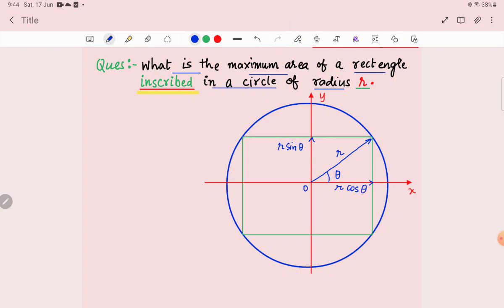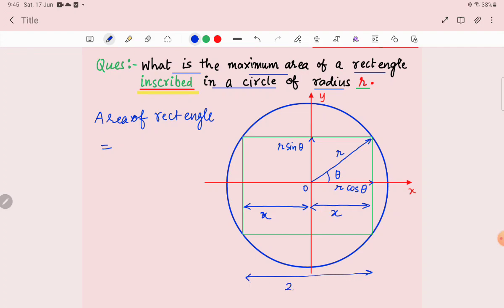Now to find its area, the area of the rectangle equals, so let's say this length is x, and because of symmetry it will be the same x, so the total length will be 2x and the total width will be 2y.